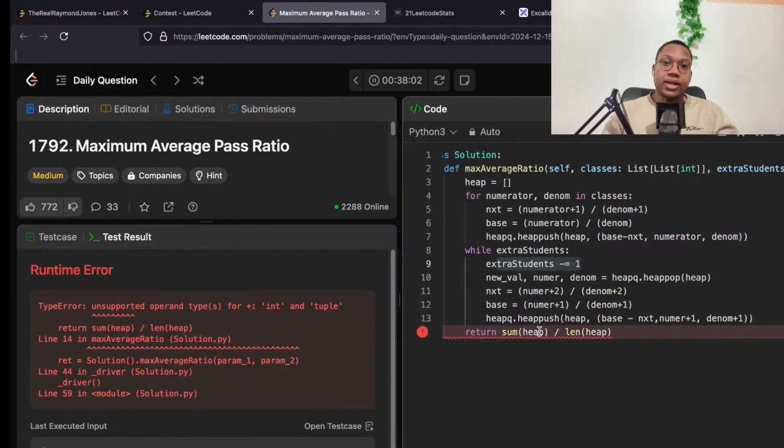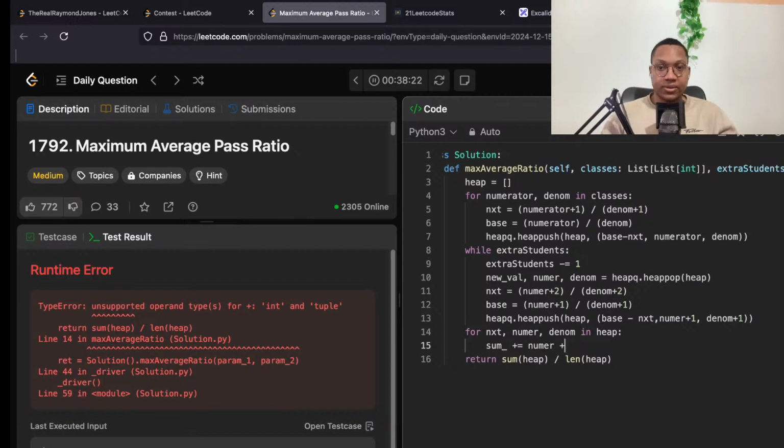Okay, so we can't actually sum tuples, which is good to know. So what we'll do is we'll go through for numer, denom in heap, sum plus equals numer divided by denom.